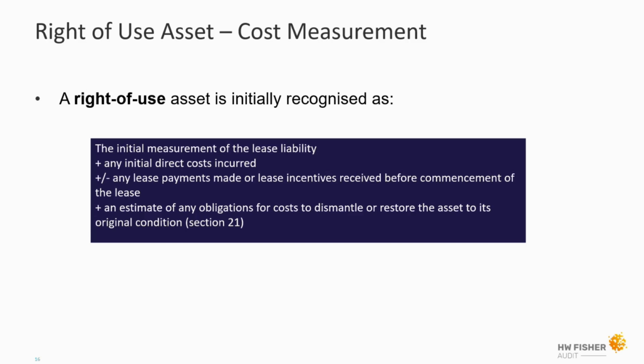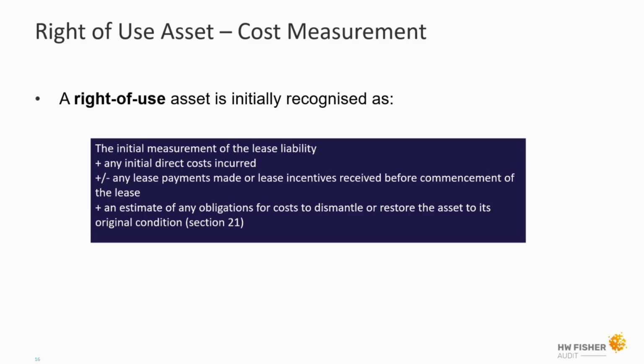Lease incentives, thinking about those things, and dilapidations, estimates of obligations for the cost to dismantle and restore the asset to original condition. Now, this is important, and I think this is possibly where some organizations will need to reevaluate.